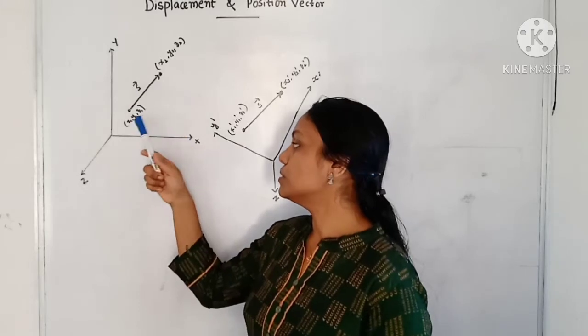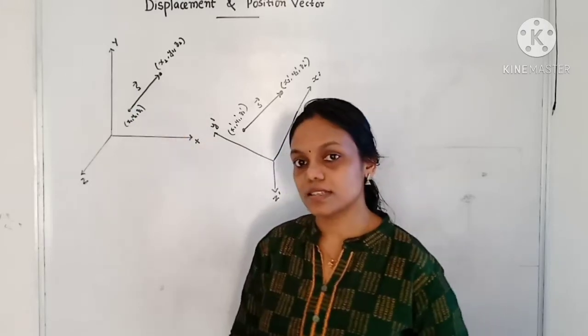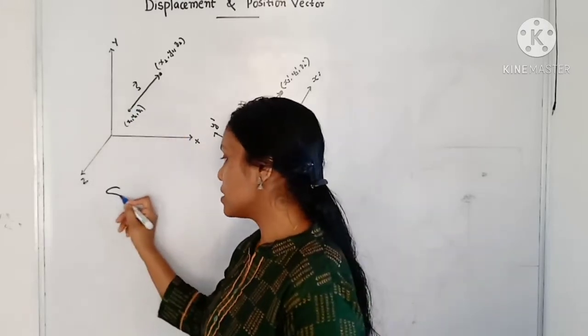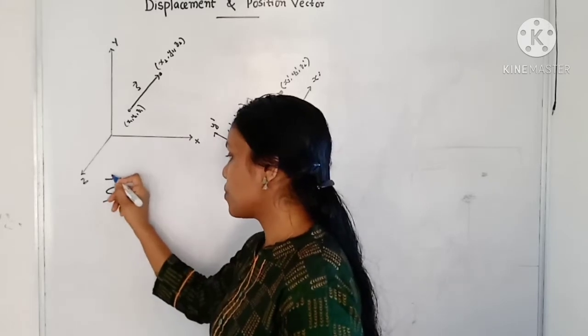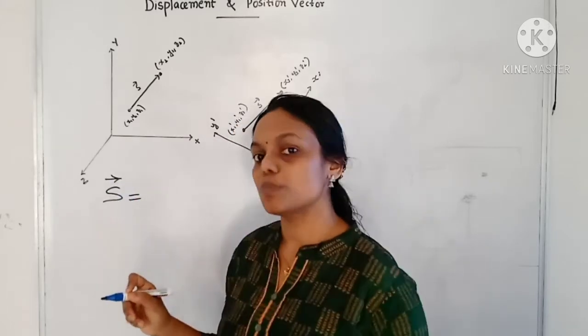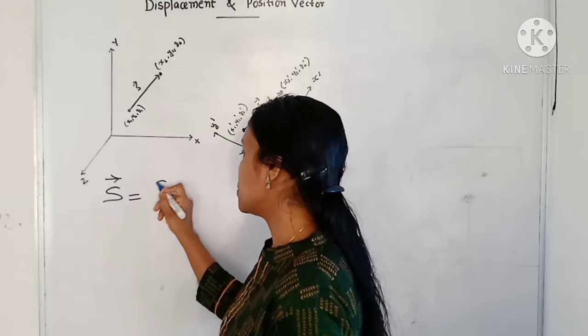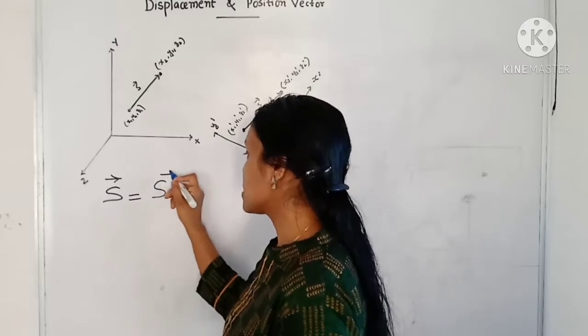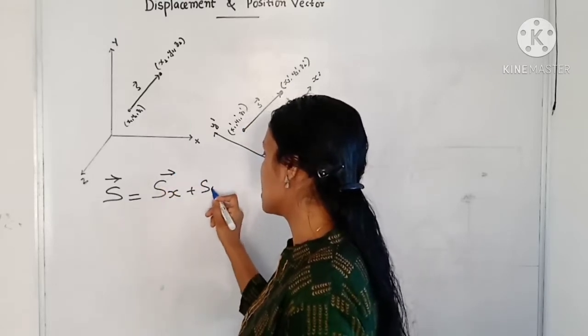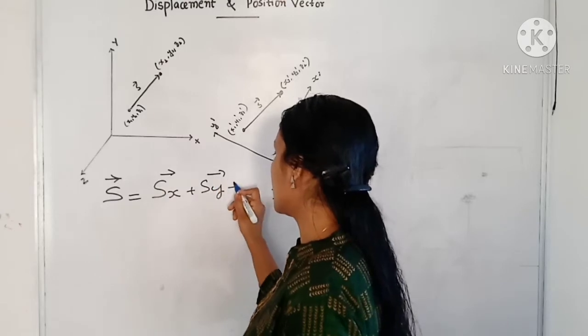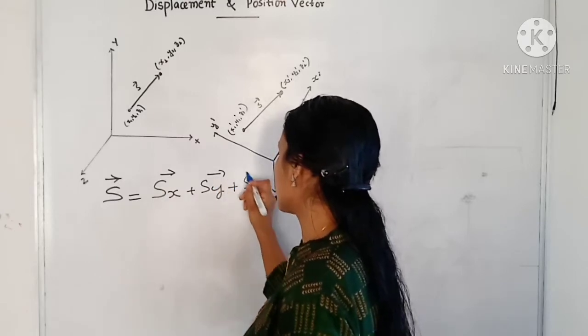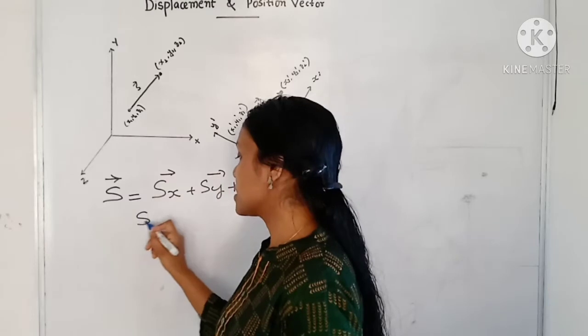So what is S? S is a vector which is a displacement vector. S is equal to Sx plus Sy plus Sz. And what is Sx?